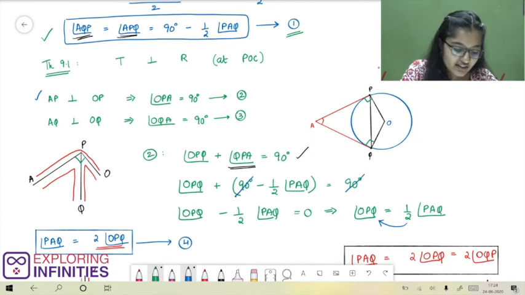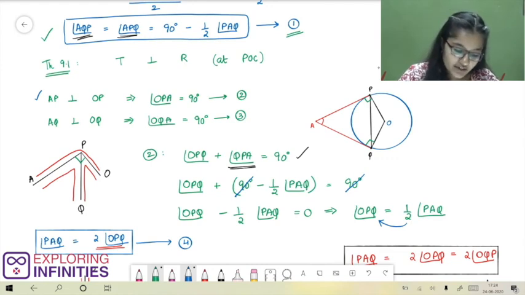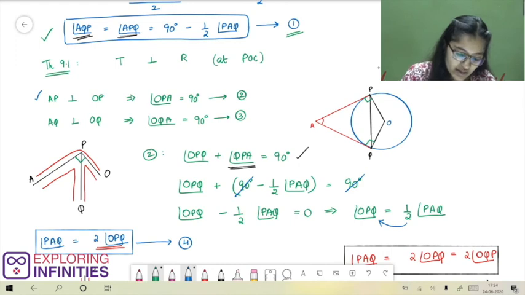Then we have seen in theorem 9.1 that tangent and radius are perpendicular at the point of contact of tangent. So we obtained equation 2 and 3, which say angle OPA and angle OQA are equal to 90 degrees. Angle OPA can be expressed as the sum of angle OPQ and angle APQ.